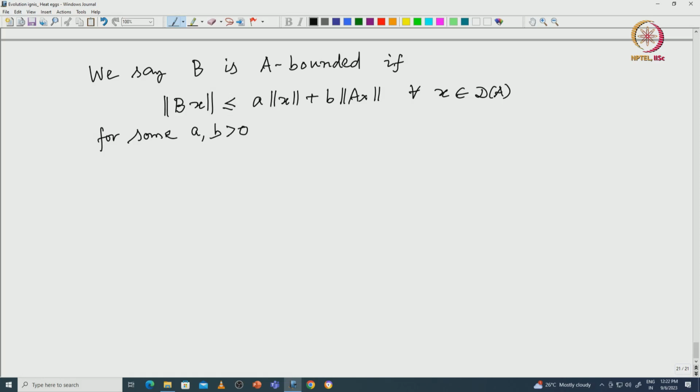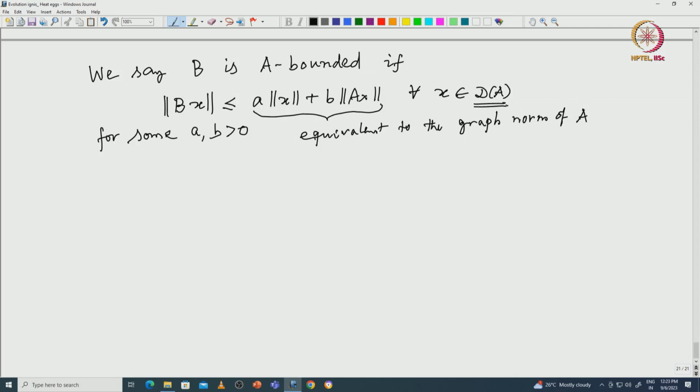So, note that this right hand side. Okay. So, if you recall the definition of the graph norm, this is equivalent to the graph norm of A. So, when A is a closed operator, we know that the space dA with graph norm becomes a Banach space.